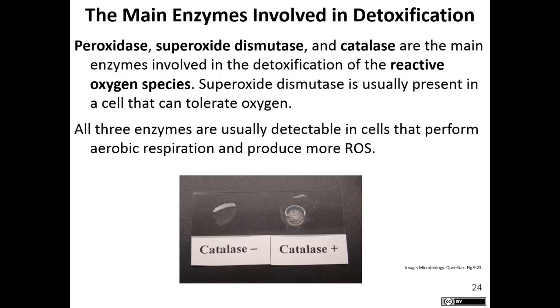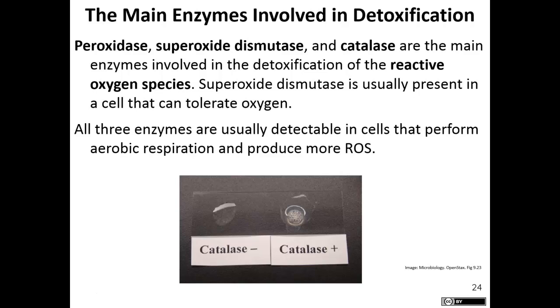There are 3 enzymes that are produced by organisms that are oxygen users: peroxidase, superoxide dismutase, and catalase. What they do is break down reactive oxygen species, or bind to them, to keep reactive oxygen species, free radicals, from damaging our cells.